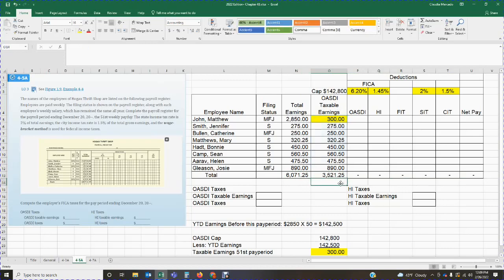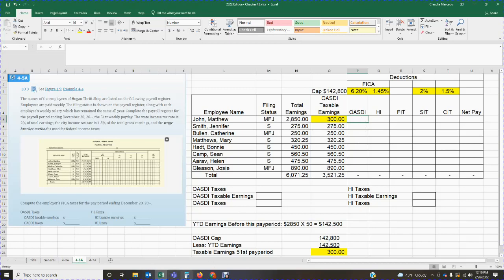Now that I've got the OASDI taxable earnings column, I can calculate my OASDI tax. I am first going to do it in my calculator, only for this one employee. So first we're going to do the OASDI tax.